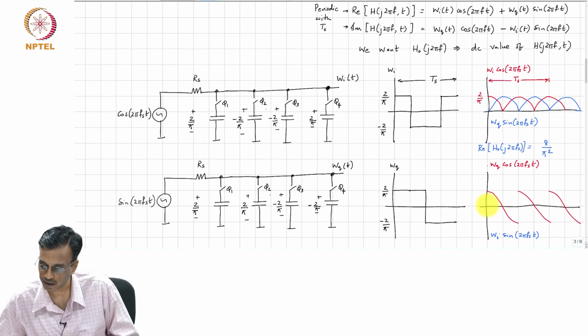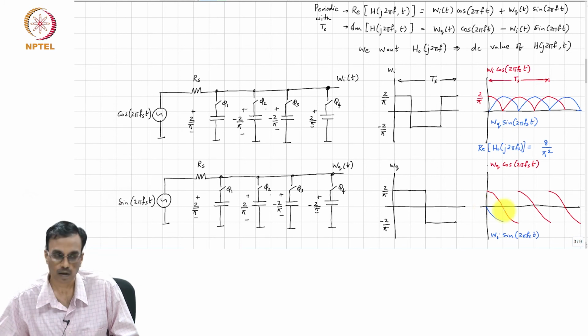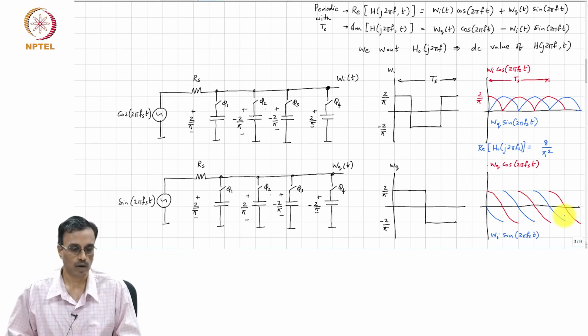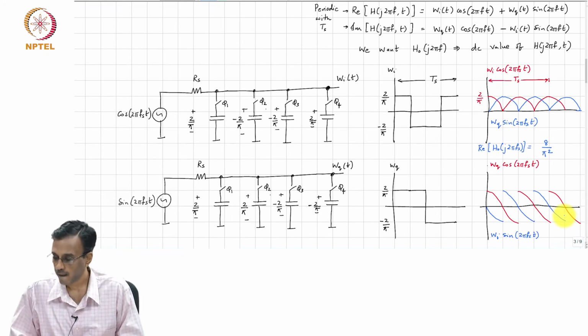So, in the first half cycle, it does this, correct, and then gets multiplied and so on. Okay.